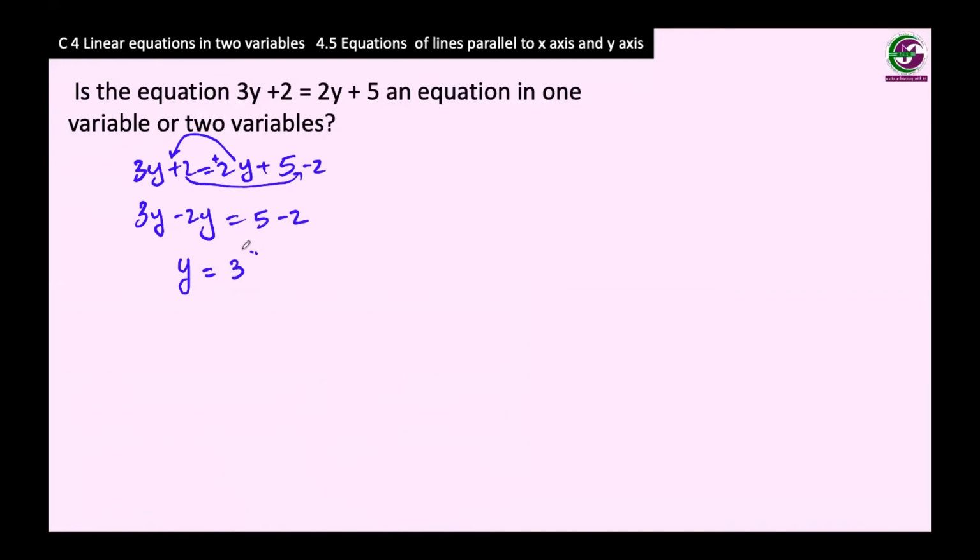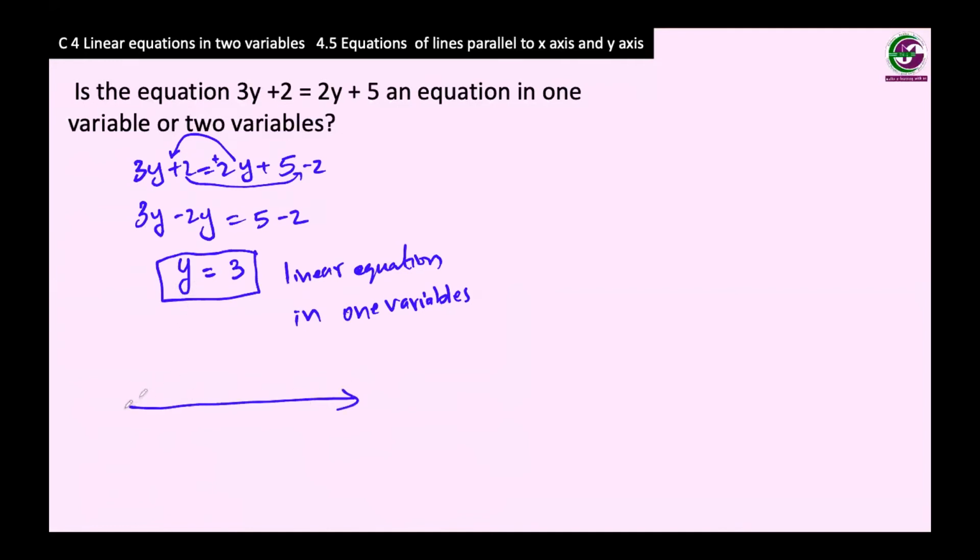So y = 3 is the equation. Is it a linear equation? Yes, it is a linear equation, but does it have one variable or two? In one variable. This can be represented geometrically on a number line because you have only one variable. So y = 3: 0, 1, 2, 3. This will be the point y = 3.